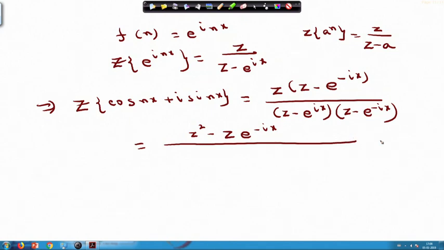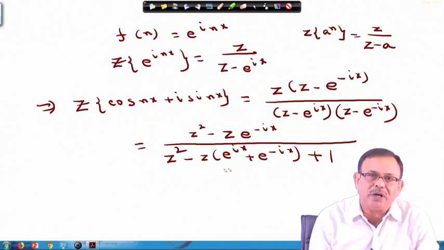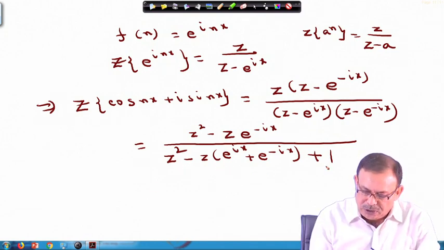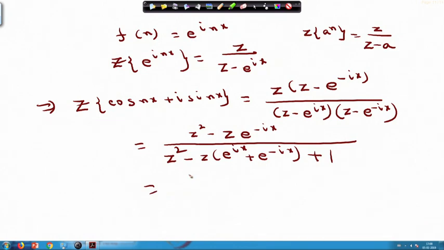In the denominator, simply it will be z square minus z into e power i x plus e power minus i x plus 1. If I multiply and use simplification, I will obtain z square minus z into this quantity, so that this equals again z square minus z into e power minus i x.